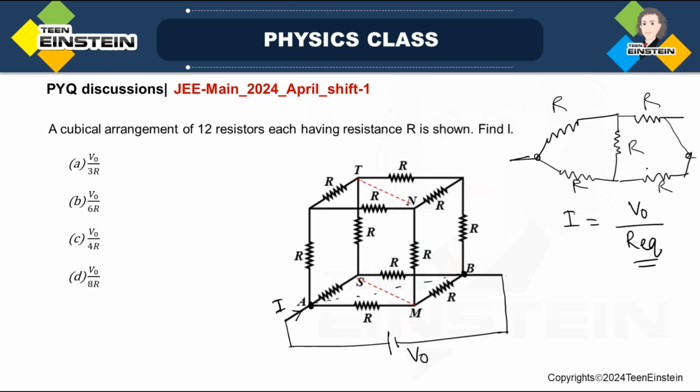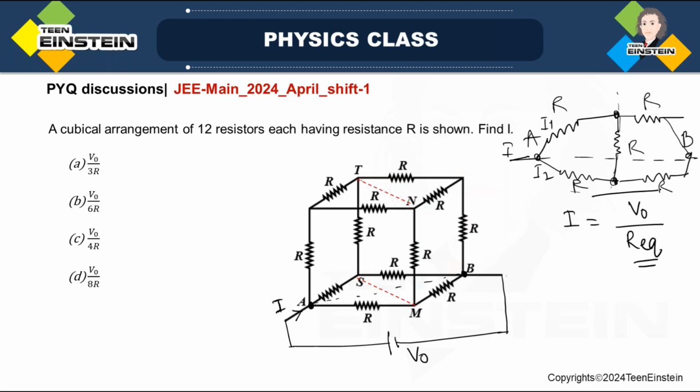How to find out? Since these are all identical, I can actually pass a mirror perpendicular to the line joining between this A and B. According to the symmetry analysis, if I say this is current I, and it is divided into 2 parts, I1 and I2.